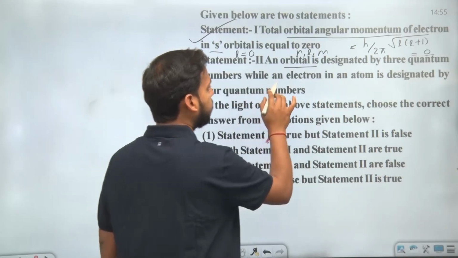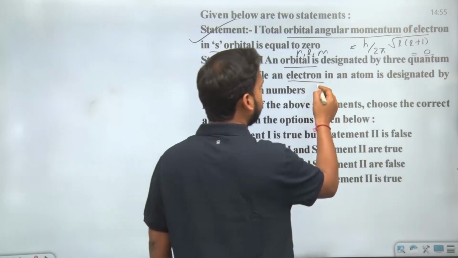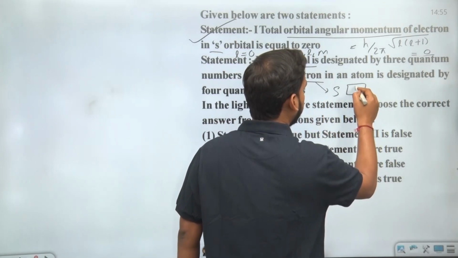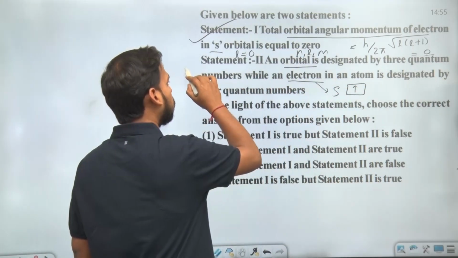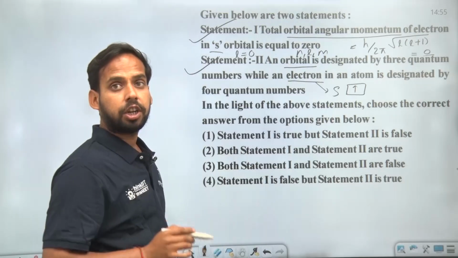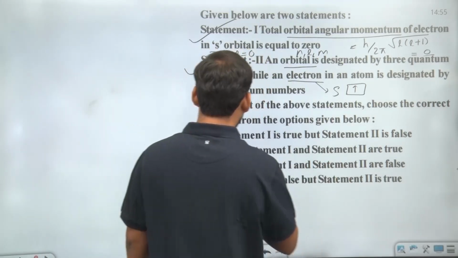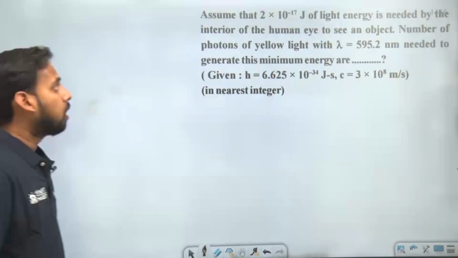Similarly, when we have to define an electron, we have to define a spin quantum number, that is s. So this statement is also correct. So both statement 1 and statement 2 are correct, so our correct option will be option number 2.